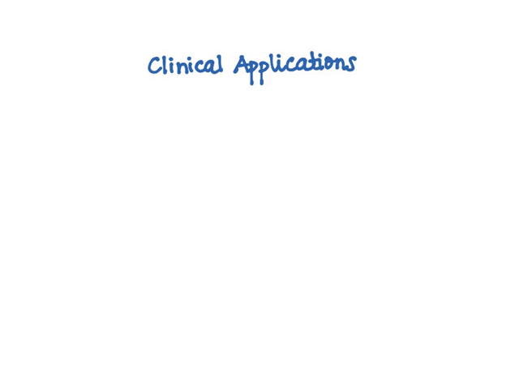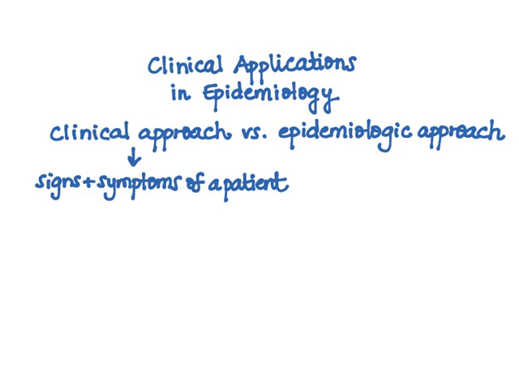And with that said, our last section is going to cover clinical applications as they relate to the field of epidemiology. There's always a clinical approach versus an epidemiologic approach that can be taken to disease, with the differentiation here being the signs and symptoms of an individual versus the surveillance of an entire population.